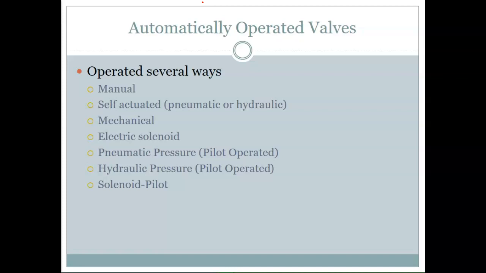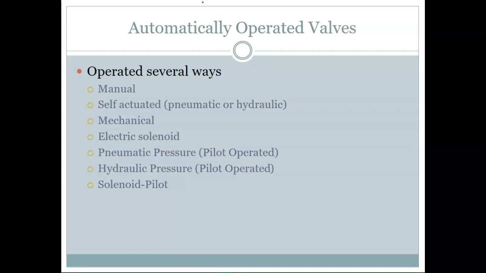The way you operate something is how close do you want to be to it. So take in your garden, right? Everybody's been outside into the garden where you've got the hose, right? Where are you in the system that you're turning that hose on to get water? You're right at it, right?